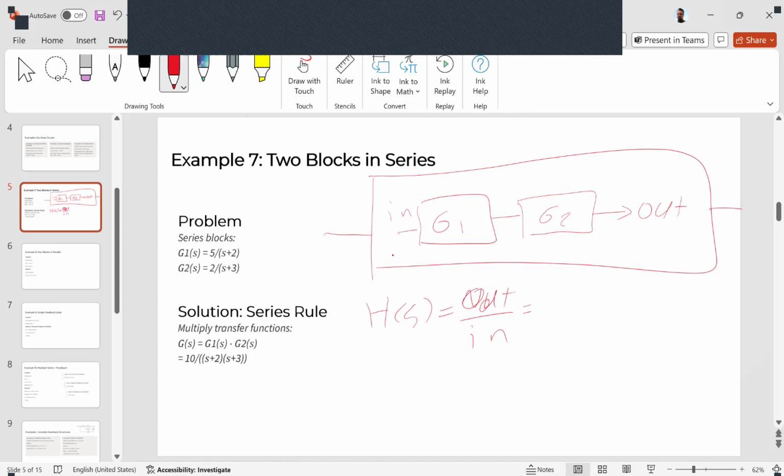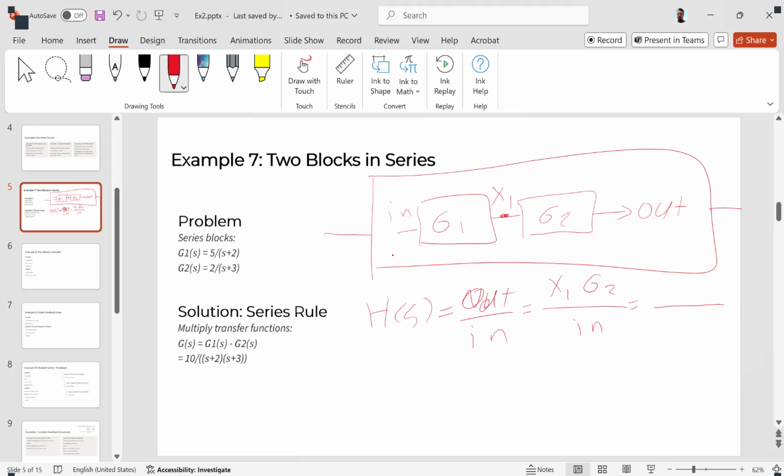Let's call this one x1, the signal that we have, the state that we have here. The output is x1 times g2, correct? Over the input.